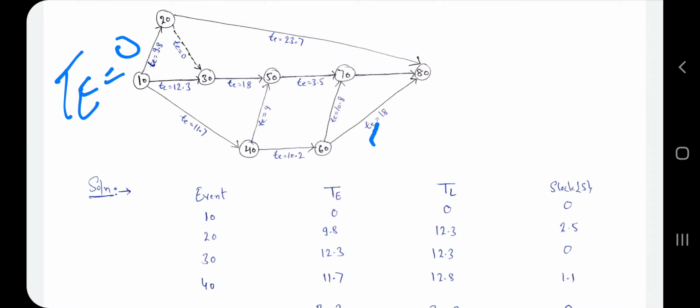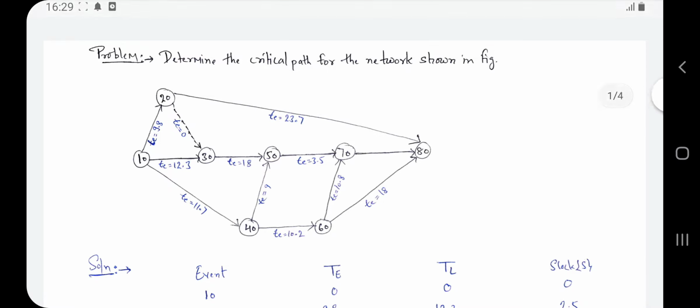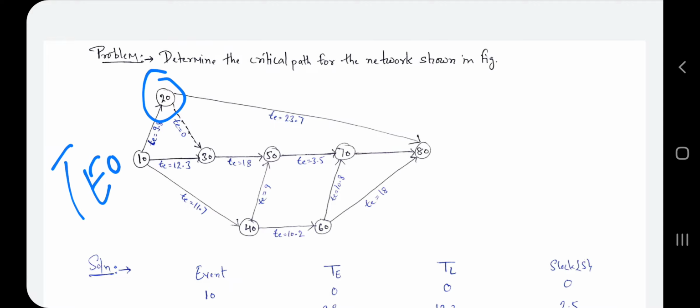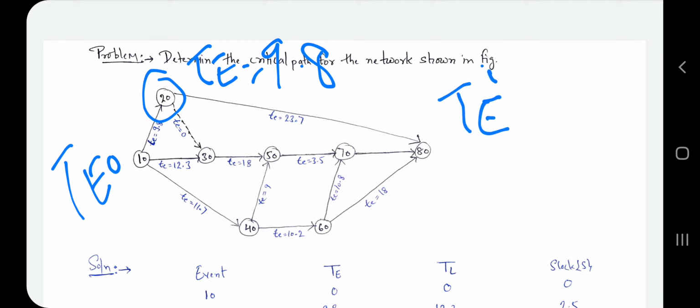Now we reach event 20. At event 10, TE is equal to 0, and for the activity from 10 to 20, the small t is 9.8. That's why at 20, TE is equal to 9.8, because the formula for TE is TE of I plus t of IJ.